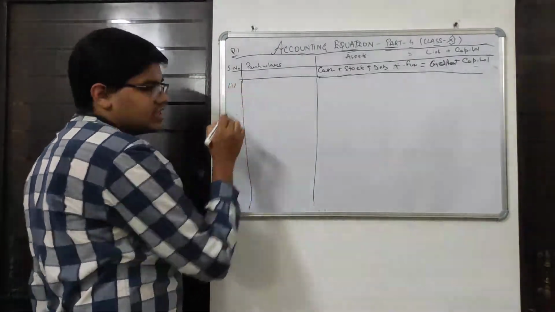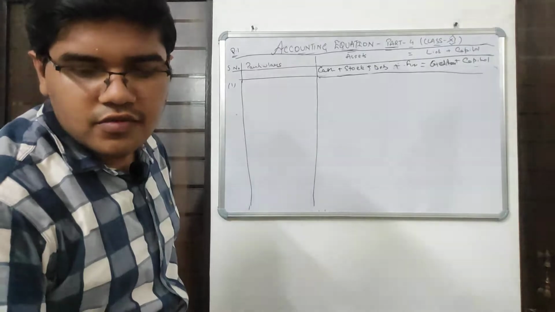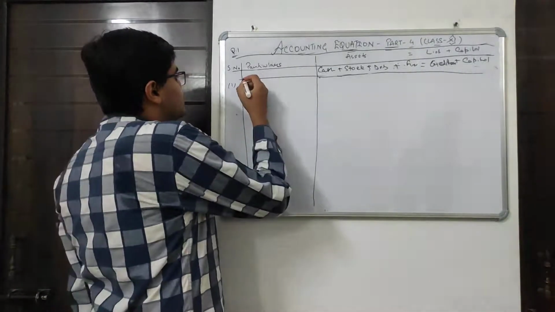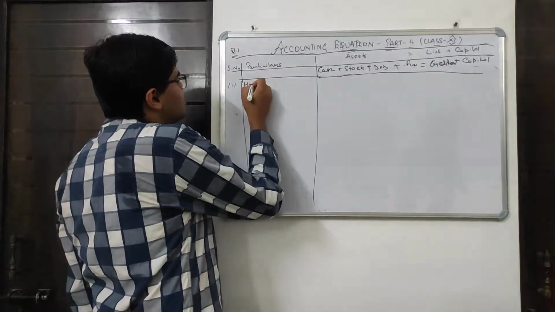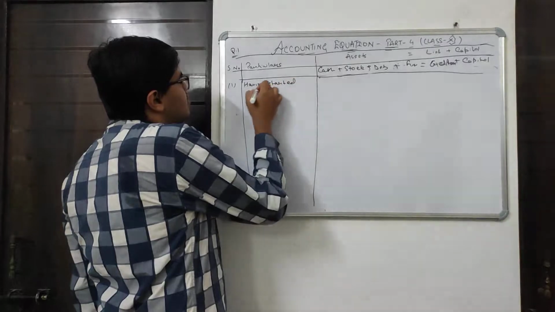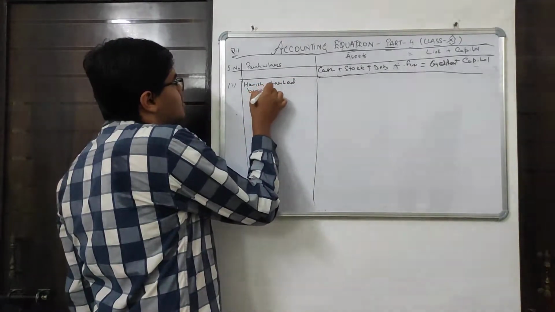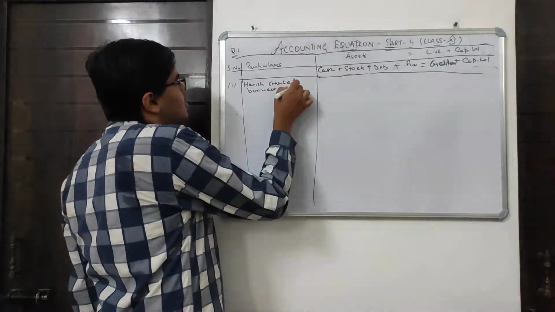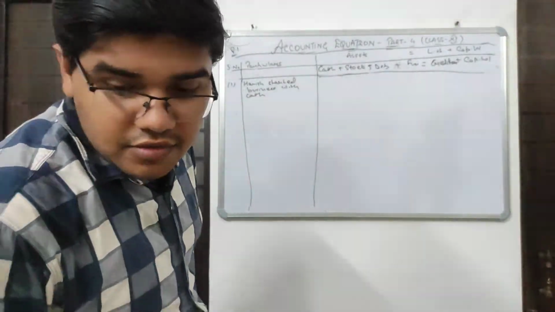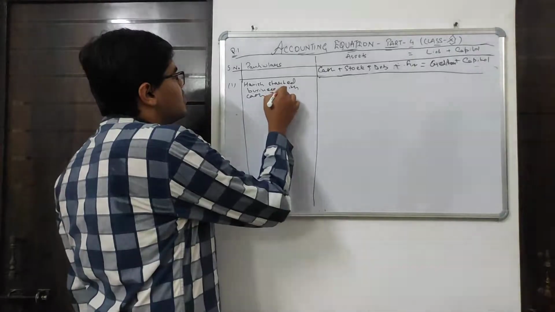Our first transaction of question number 2 is Harish started business with cash rupees 1,80,000.